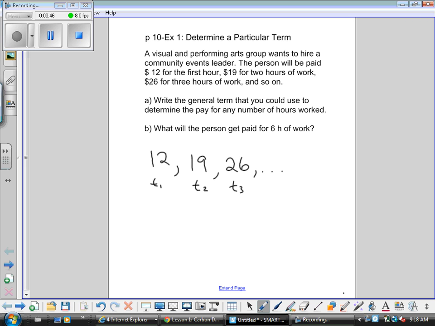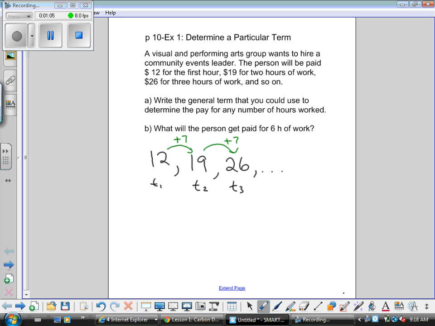And what is the pattern? Well, if we look at this, we can see that each time we're always adding the same amount. We're always adding 7. So we know that we're going to be able to get to any term in the series just by adding some multiple of 7.